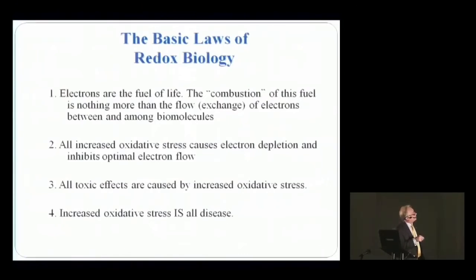So I put together what I call, at least, my basic laws of redox biology. Number one, electrons are the fuel of life. Literally. Number two, bearing in mind that they're the fuel of life, all toxins increase oxidative stress, which is the final common denominator in all disease inside the cell spaces, cause electron depletion and inhibit optimal electron flow.